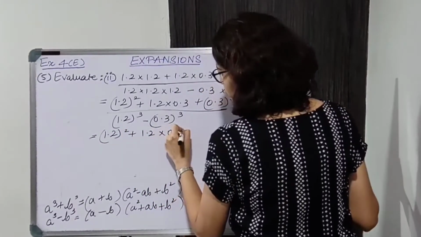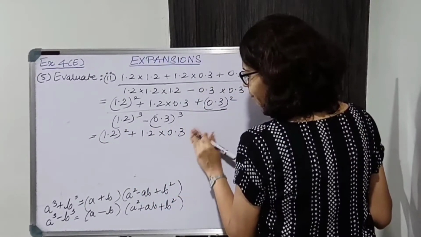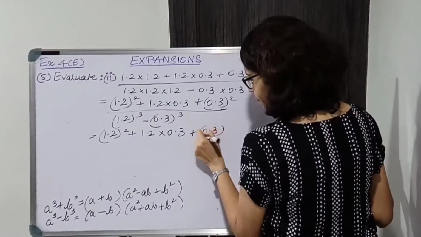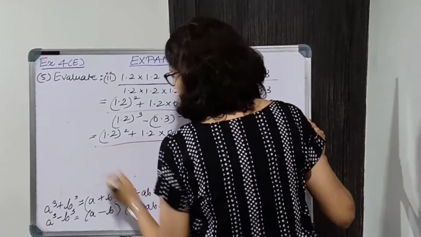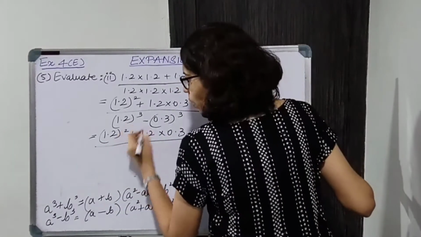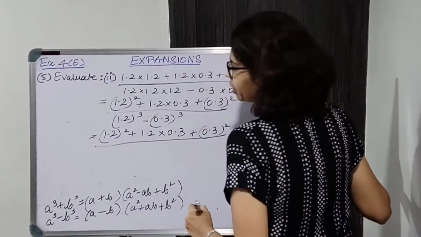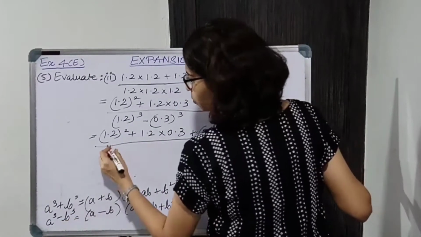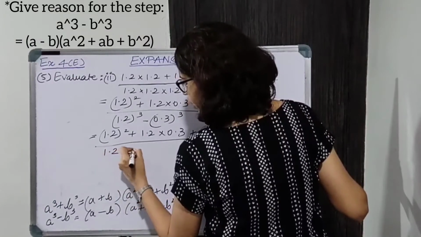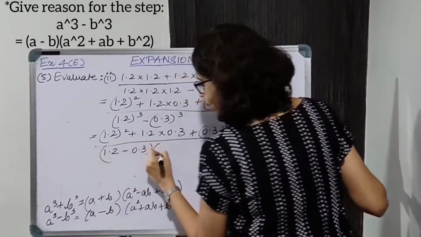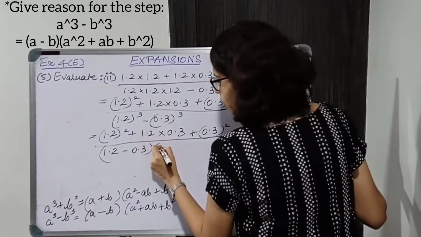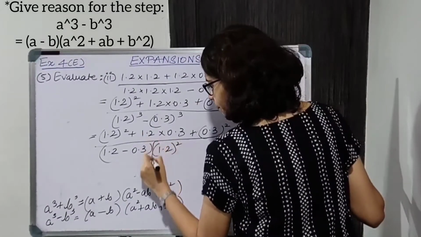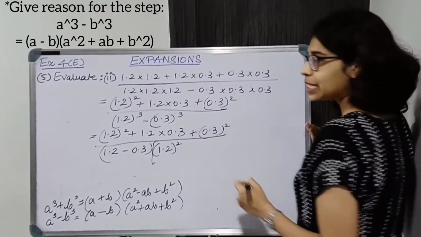Please don't solve, students, it is getting cancelled. So 1.2 cube minus 0.3 cube, that is a cube minus b cube, is a minus b. So 1.2 minus 0.3 into a square. So a square is 1.2 square plus ab.